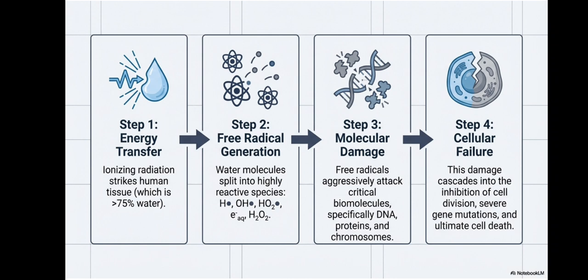And the third stage is cellular failure. As a result, cellular effects occur: inhibition of cell division, chromosome aberration, gene mutation and cell death. When a large number of cells in vital organs are damaged, normal body function fails.